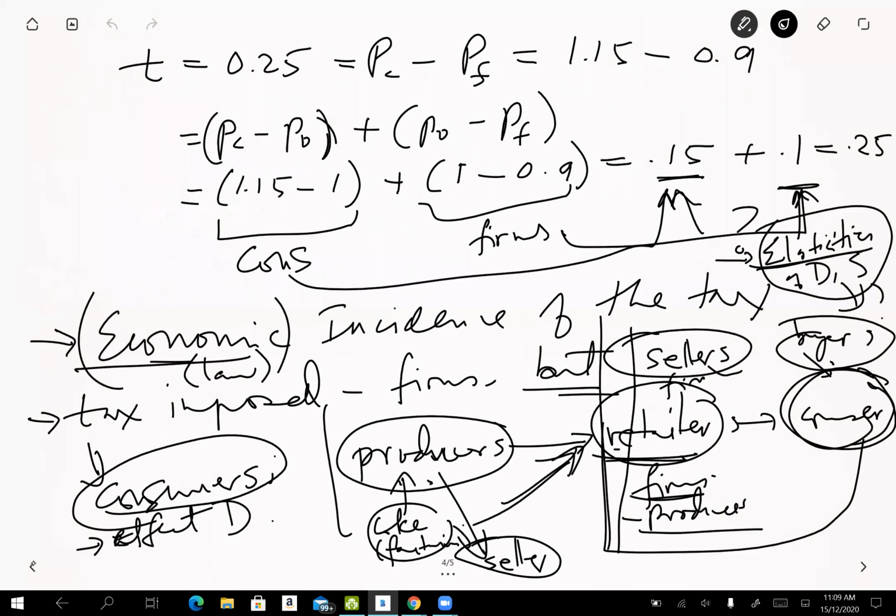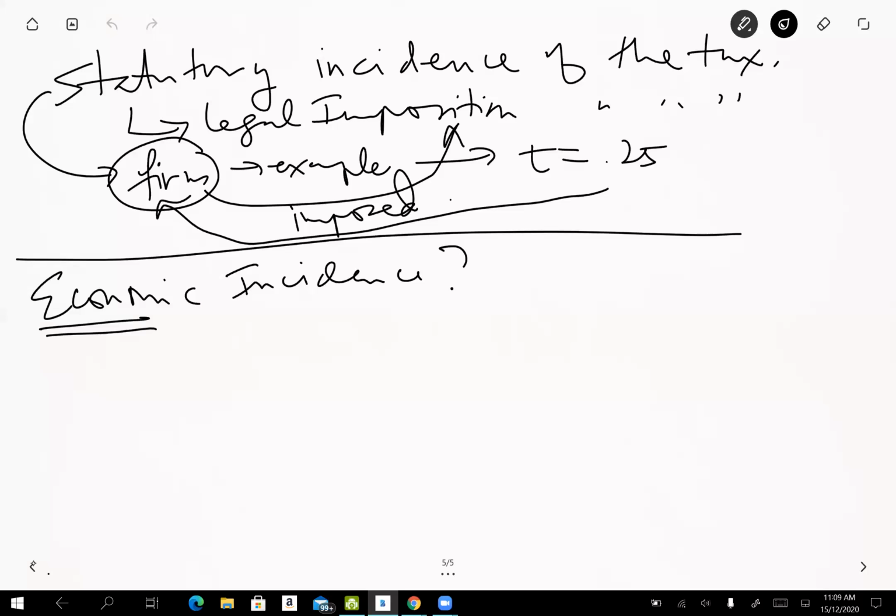Sir, it will be shared by both parties. Okay, so the economic incidence, if you impose the tax on the firm, the firm will transfer some of the burden of the tax.